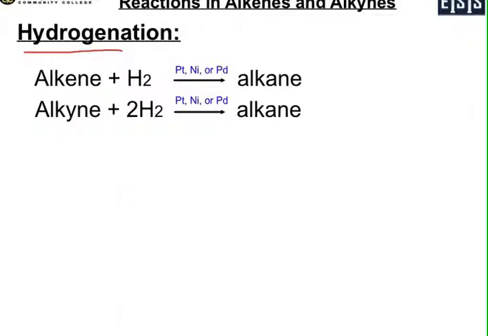And so if you remember here, the first reaction we're showing is an alkene. An alkene is unique in that it has a carbon-carbon double bond. And so what happens when you react hydrogen with an alkene is this hydrogen is going to come in and break one of these double bonds.